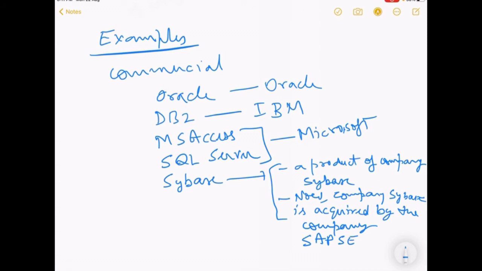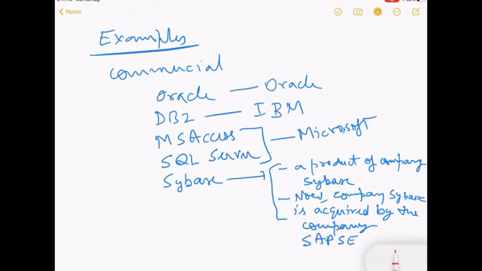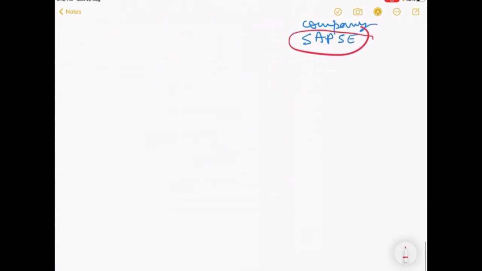Now this company provides services for this Sybase database.